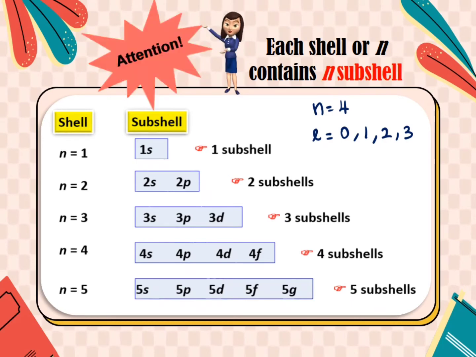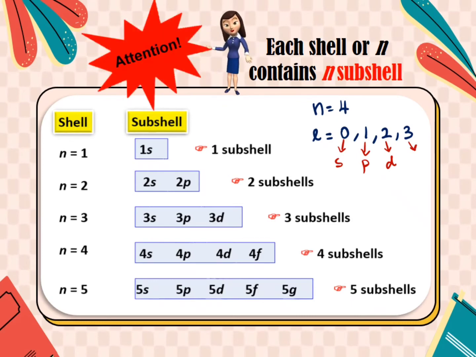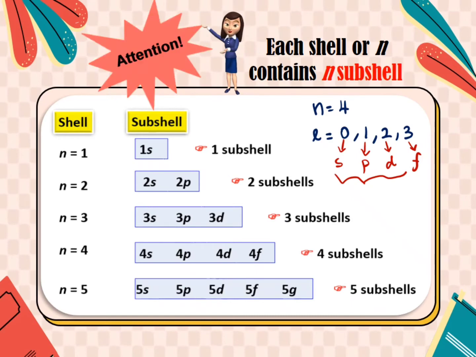So 0 refer to s shape, 1 refer to p shape, number 2 refer to d shape, while l equal to 3, if you refer to the table before this, 3 refer to the f shape. So that's why for n equal to 4, petala yang keempat, we have 4 subshells like this. We have 4s, 4p, 4d and 4f.